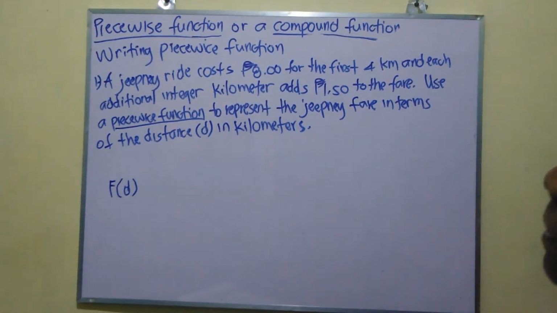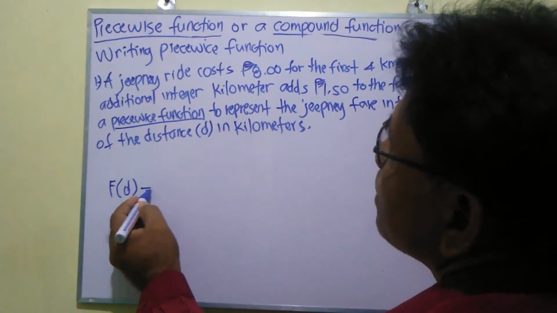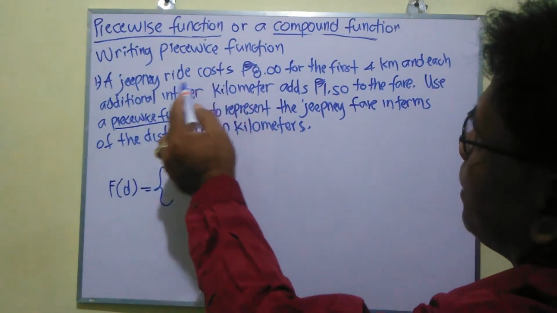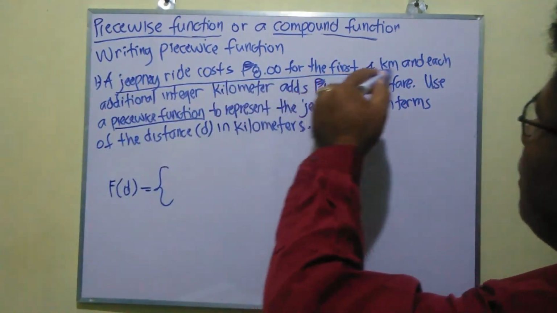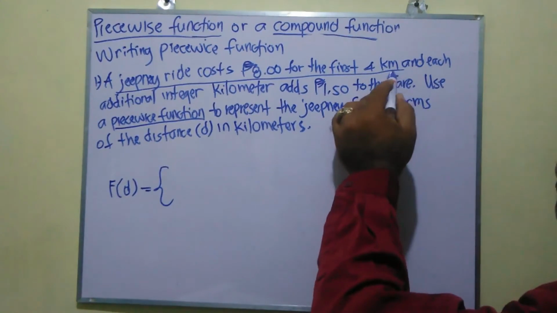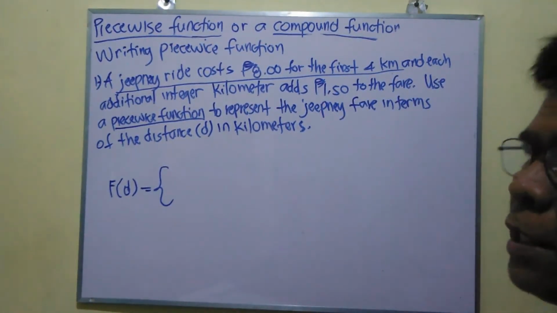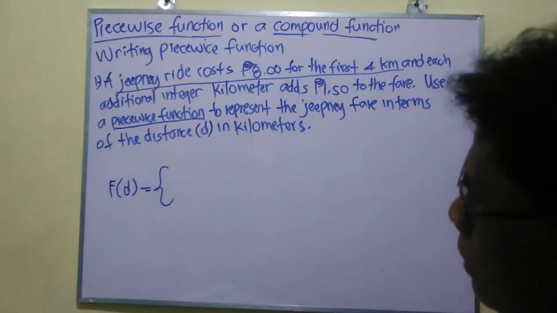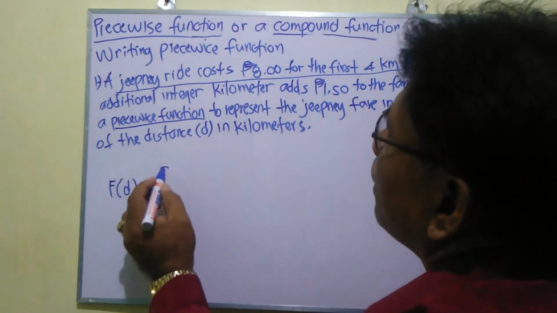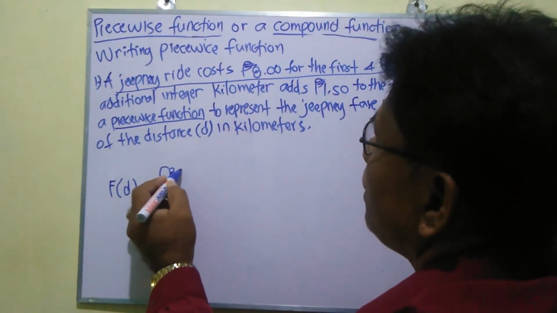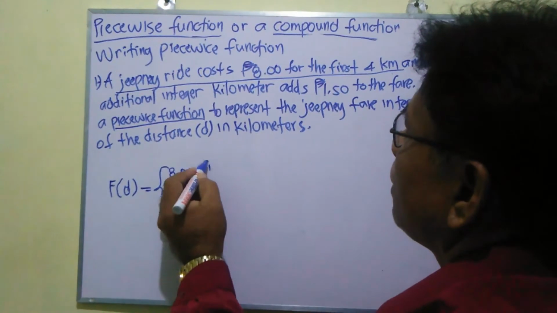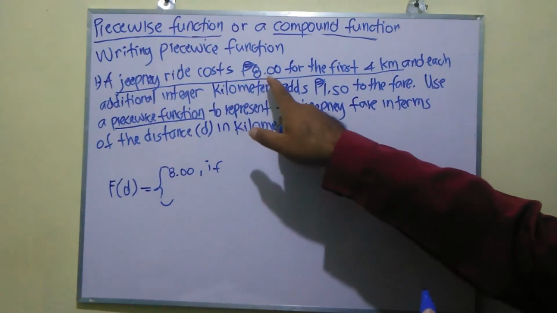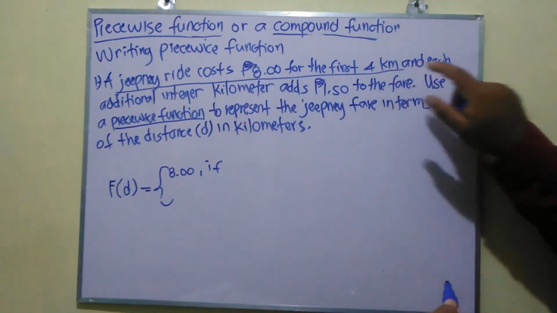Okay, so next, according to the problem, the first kilometer, so the first statement from here to here. Okay, so that is the first sub-function. According to the sub-function, the fare is 8 pesos. That is the first kilometer.